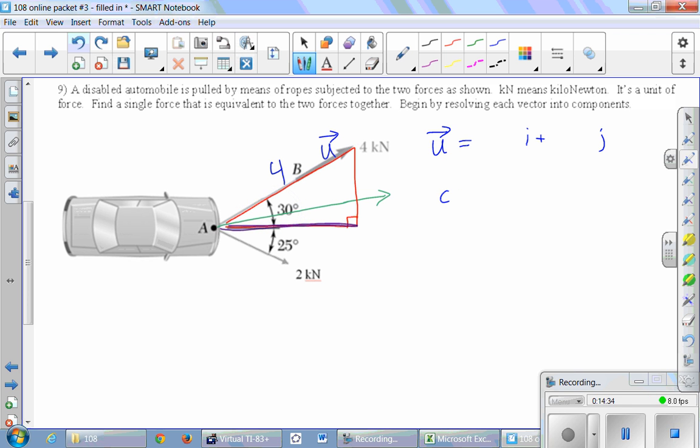So cosine of 30 is equal to the adjacent side, which is the purple, divided by the hypotenuse, which is 4. So that means that the purple question mark is really 4 cosine of 30. So that's what we're going to put up here.